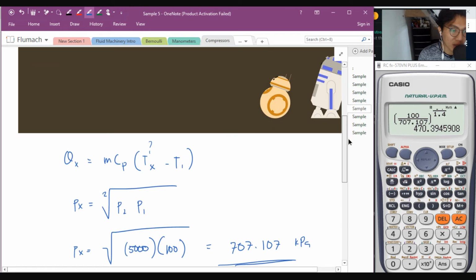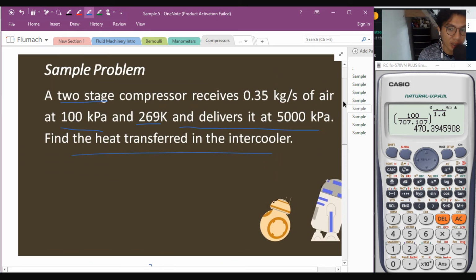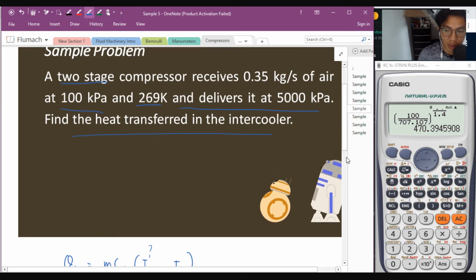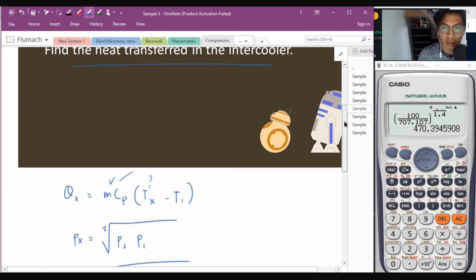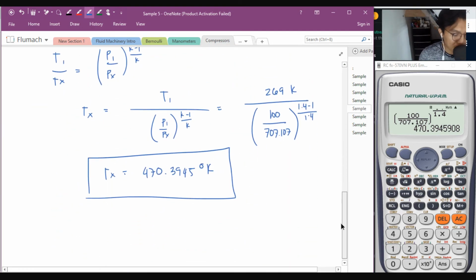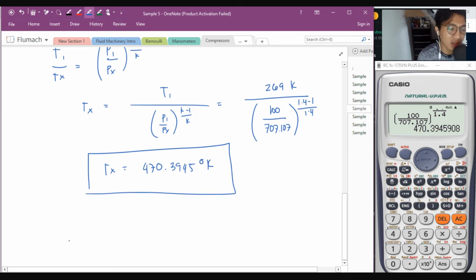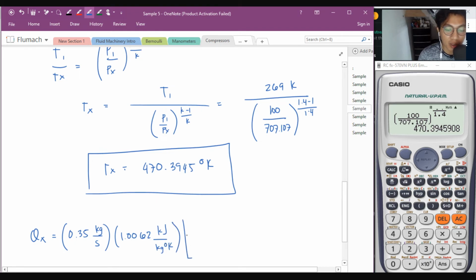Ngayon, pwede na natin makuha yung Qx. So, meron kang mass flow rate. Check. Yung Cp of air, alam naman natin yan. That is 1.0062 or 1. So, Qx is equal to 0.35 kilogram in every second multiplied to the Cp, that is 1.0062 kilojoule per kilogram degree Kelvin, multiplied to the change in temperature.